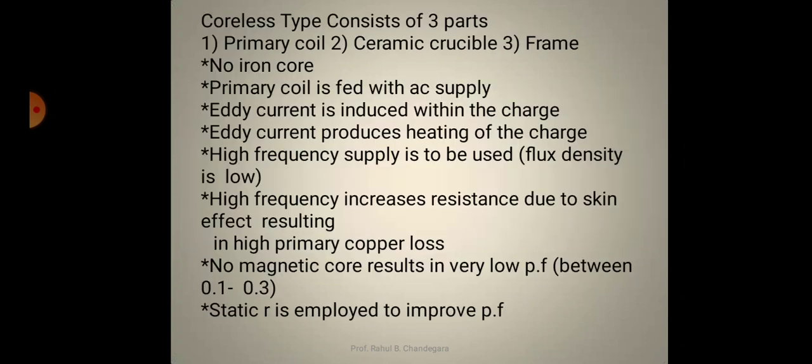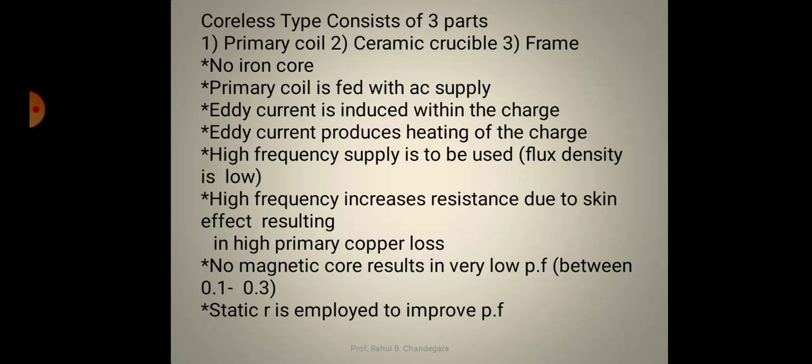The coreless type consists of three parts: primary coil, ceramic crucible, and frame. There is no iron core, and the primary coil is fed with AC supply. Eddy current is induced within the charge, and the eddy current produces heating of the charge. High frequency supply is to be used, and the flux density is very low. High frequency increases resistance due to the skin effect, resulting in high primary copper loss.